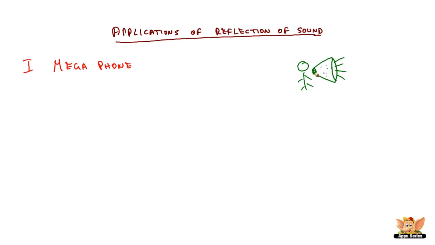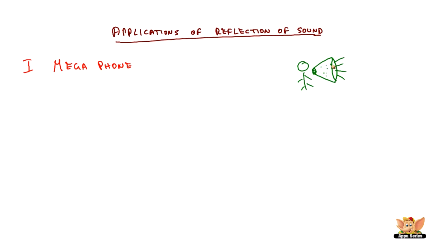This principle is used in many musical instruments like shehnais and trumpets, etc. Because of the narrow opening at the source side, most of the sound waves get reflected and go in the forward direction towards the audience. So most of the sound wave is used.